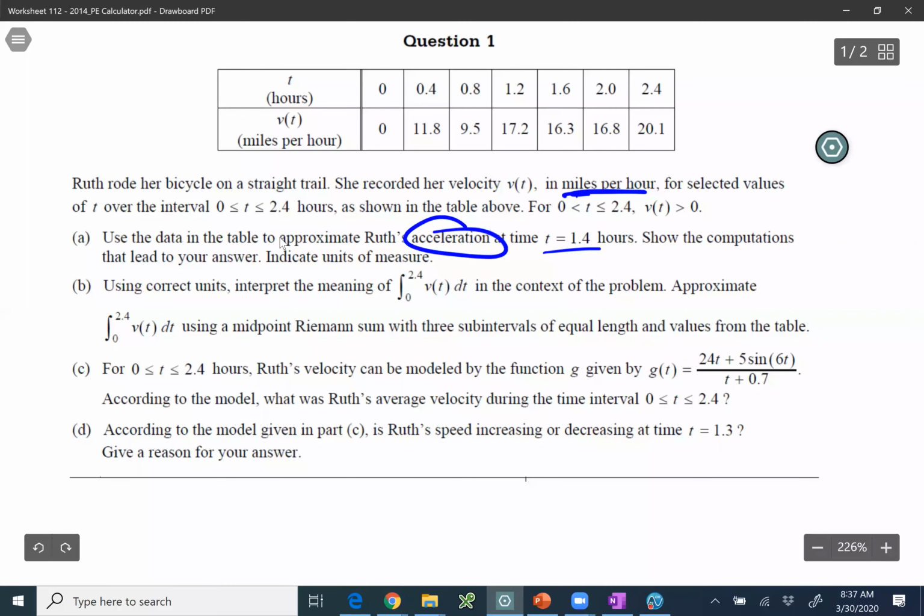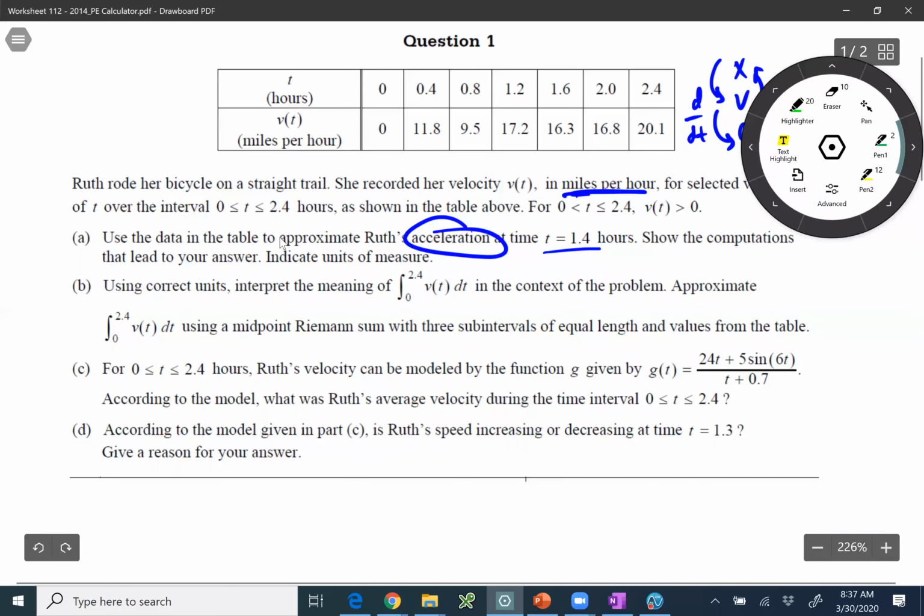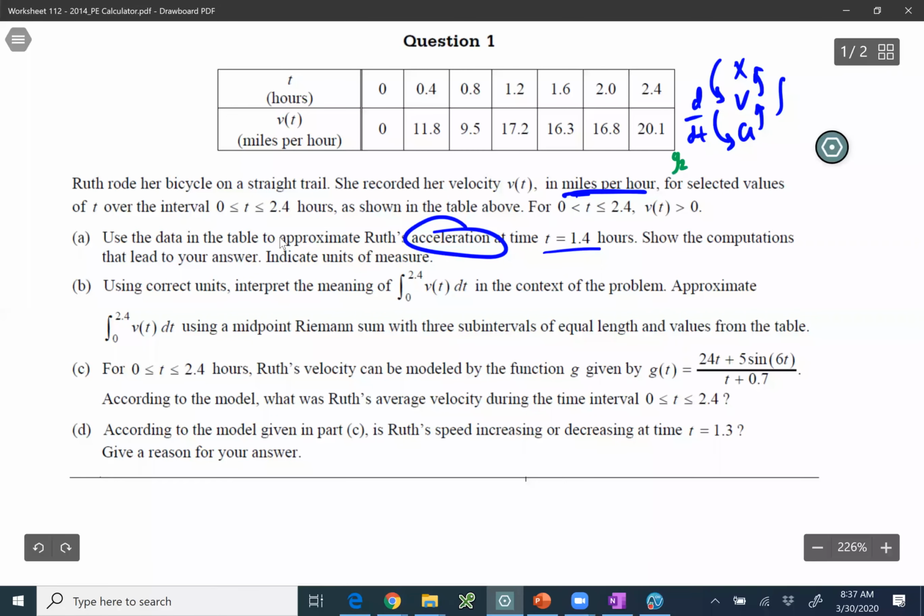If we want to get to acceleration, we're thinking position, velocity, acceleration. When we go down, we're doing the derivative. And when we go up, we're doing the integral. What you'd also add on to this is for approximating, going down is y2 minus y1 over x2 minus x1, and going up would be Riemann sums.